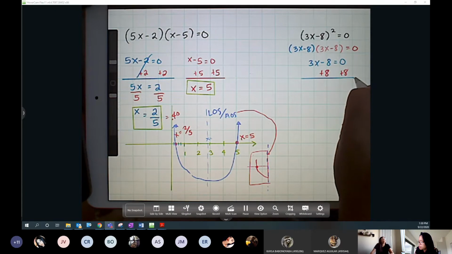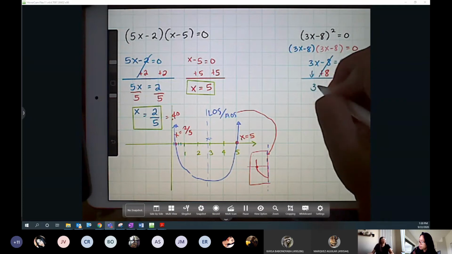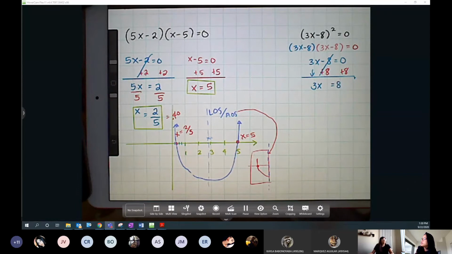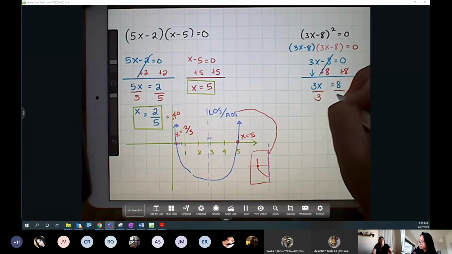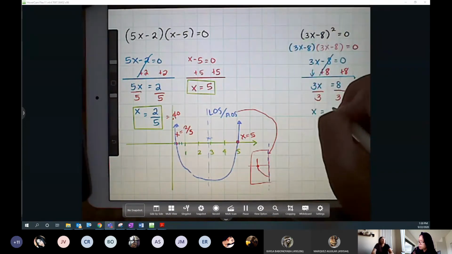This always gives you a fraction. So this will cancel out the 8, bring down the 3x. The 8 now is added to 0 on the other side. So 3x equals 8, and then divide by 3. So we have x equals 8 over 3.